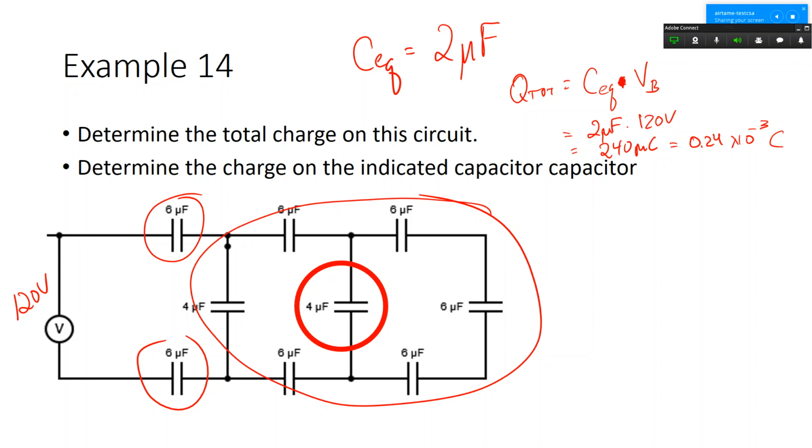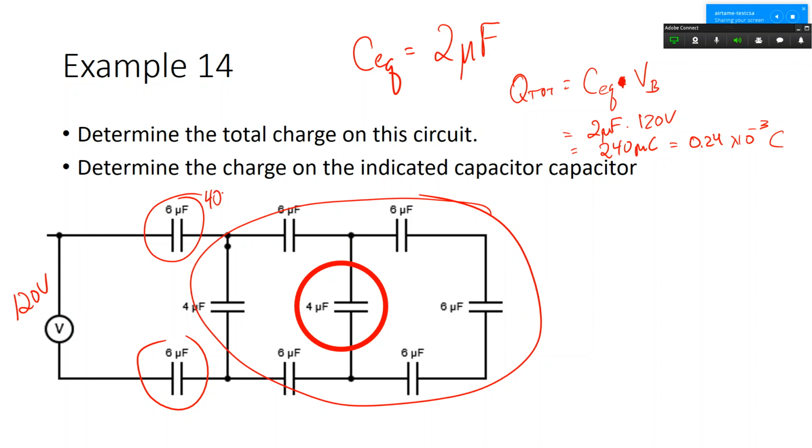If it wasn't that nice, I can find it because these are in series, which means their charges are all the same. And if their charges are all the same, and I know their equivalent capacitances, then I can find the voltage across each one. So we'll do it the quick way for now.